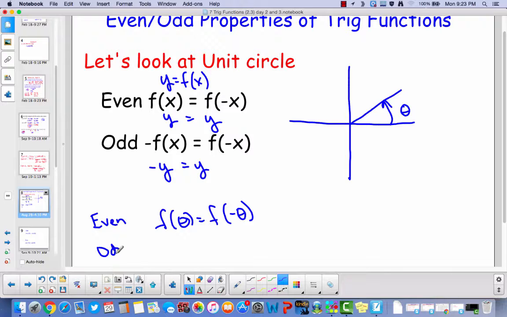For an odd function, negative f of theta equals f of negative theta. So there's my theta. Here's my negative theta. Which value is the same for theta and negative theta, and which value is the opposite for theta and negative theta? Figure that out with your side partner here.